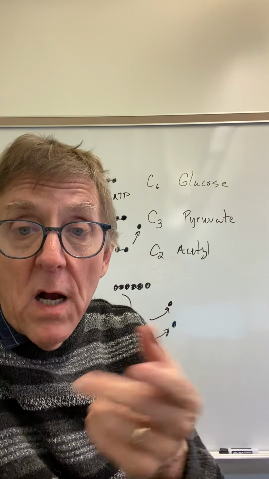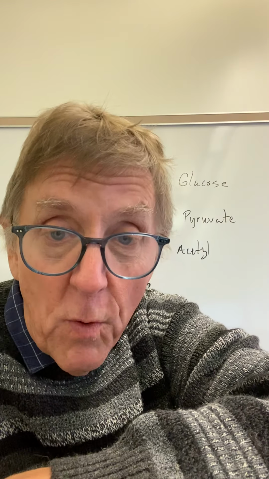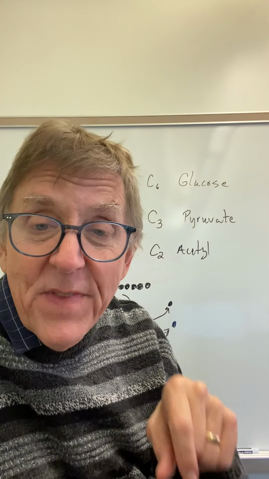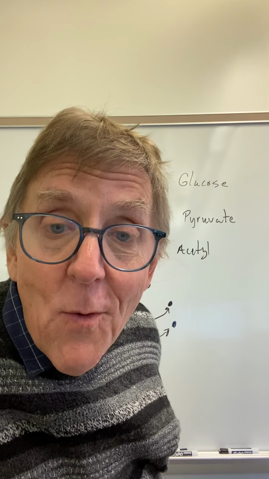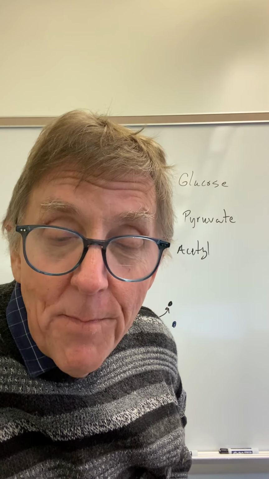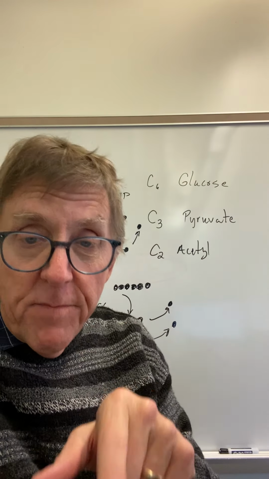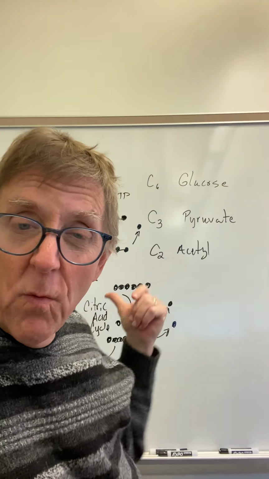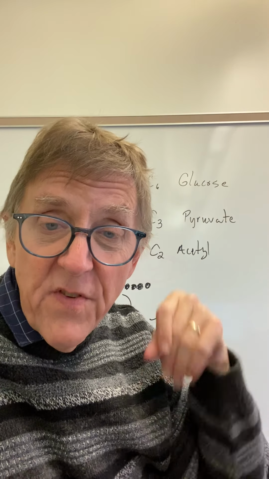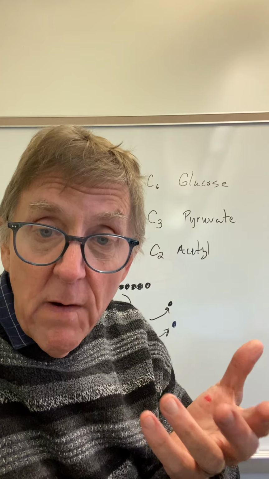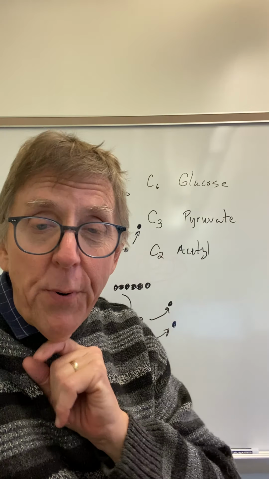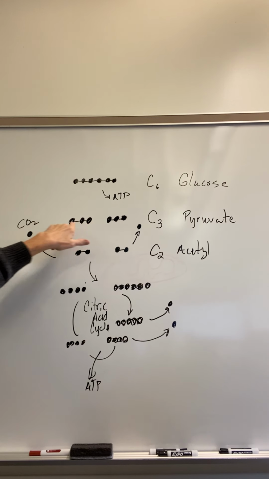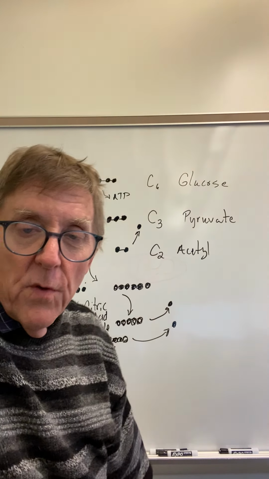So when we talk about anaerobic respiration, also known as anaerobic fermentation, you don't have the oxygen, so the whole process shuts down. But you end up producing a little bit of ATP and these 2 3-carbon molecules.